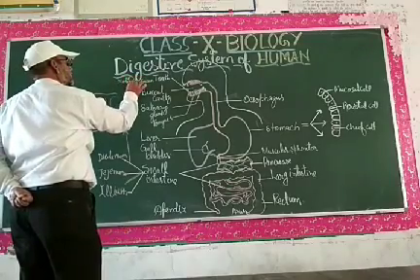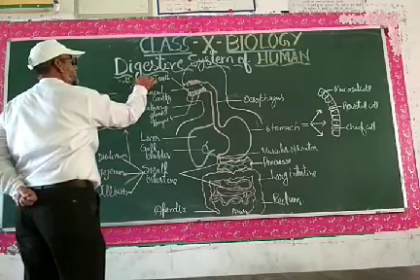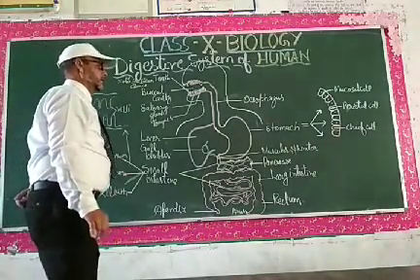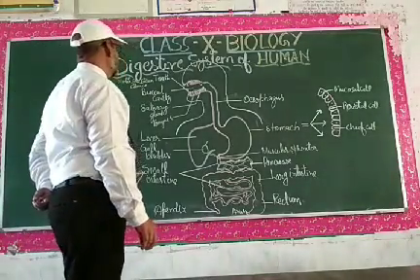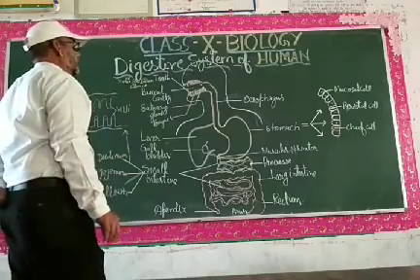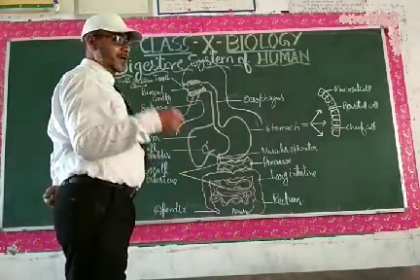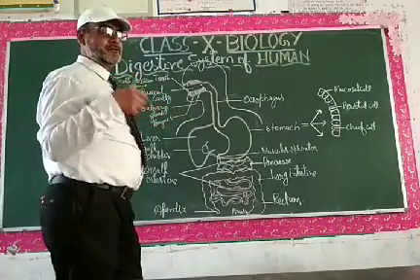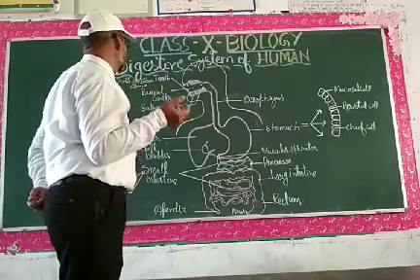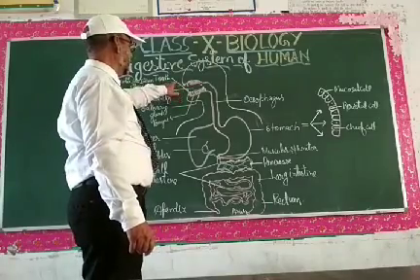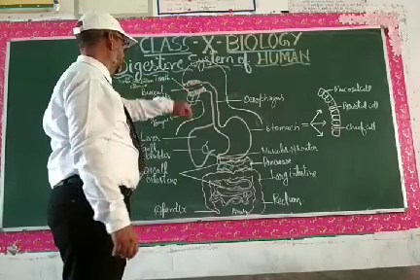Four types of teeth are found in the buccal cavity of humans. These teeth are very important for cutting, tearing, chewing and crushing of the food, which is performed by the different types of teeth present in the buccal cavity.